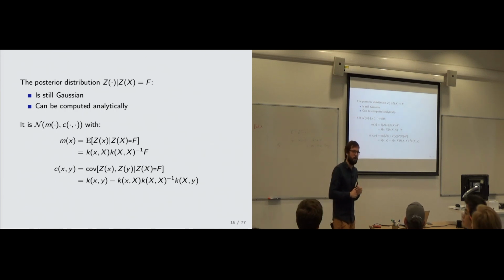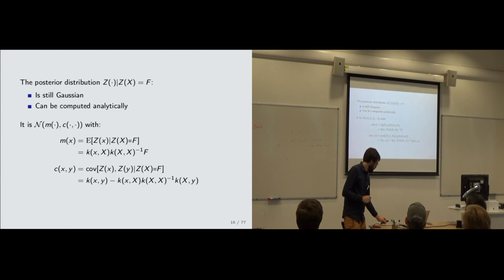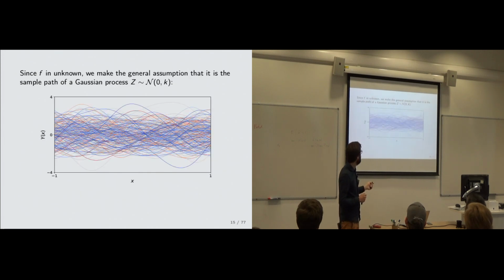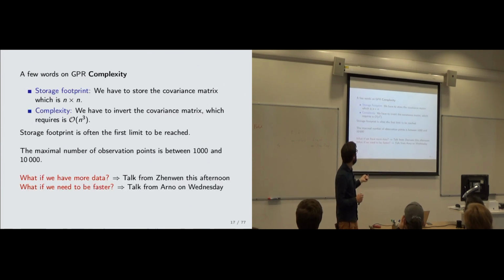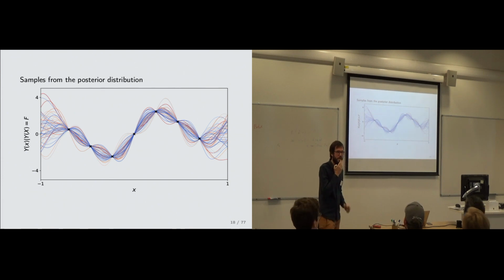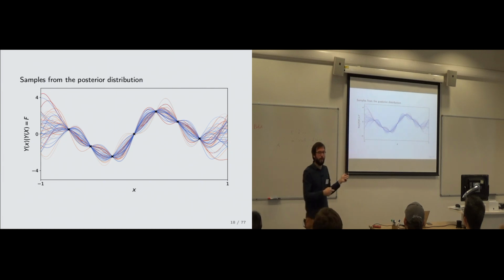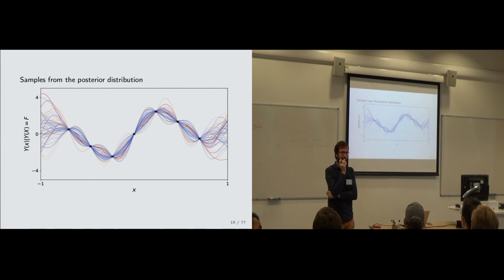So this is still a GP, and its covariance is given by exactly what we had before. The question was, how do we choose which lines to plot, and in what sense is this a confidence interval?